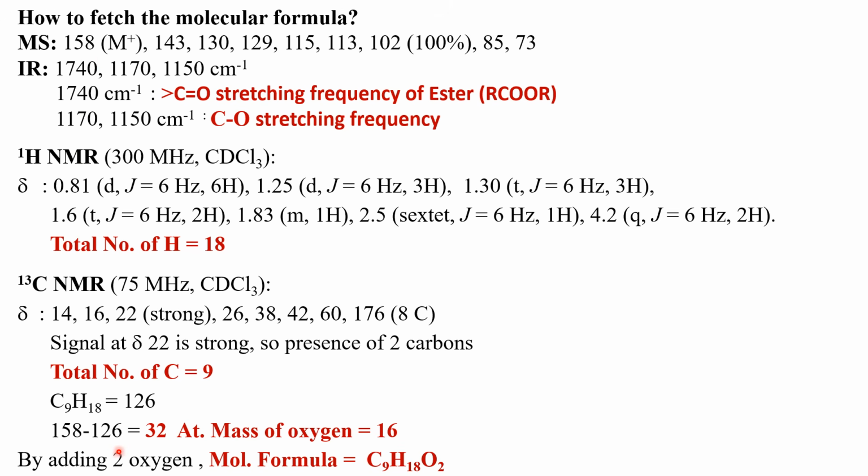So 158 minus 126, the difference is 32. And as you know, the atomic mass of oxygen is 16. So just by adding 2 oxygens, the molecular formula becomes C9H18O2.